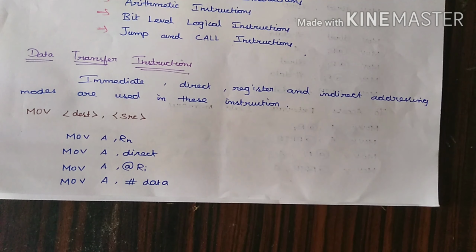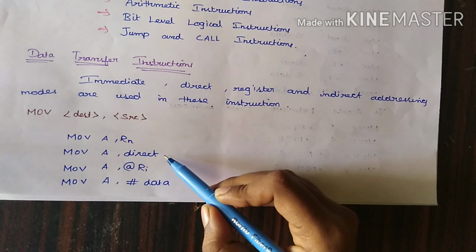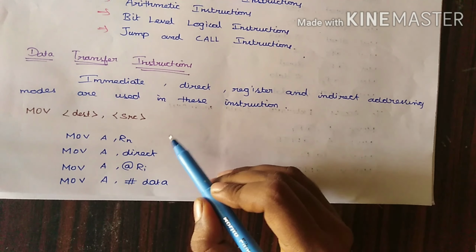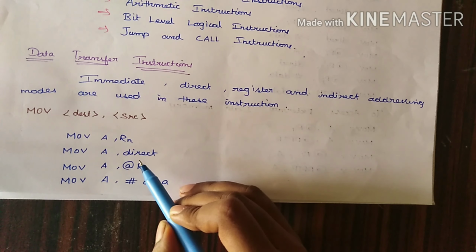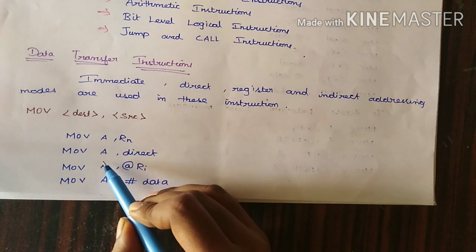And the next instruction, MOV A, direct. Direct indicates a direct address. We are giving a direct address here. This is the instruction of direct addressing mode. MOV A, direct indicates that the data must be copied from this direct address to the accumulator.